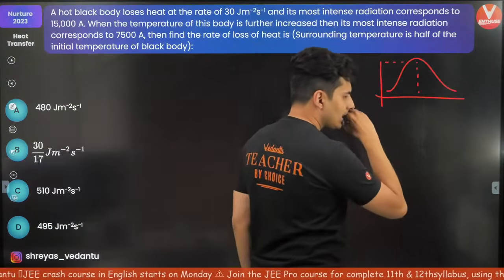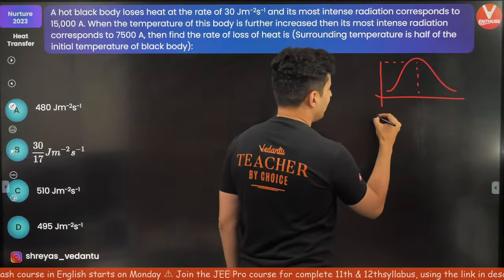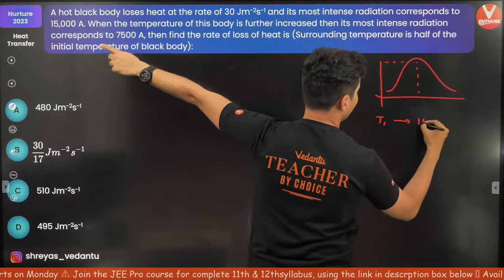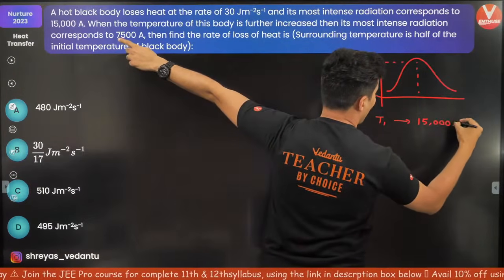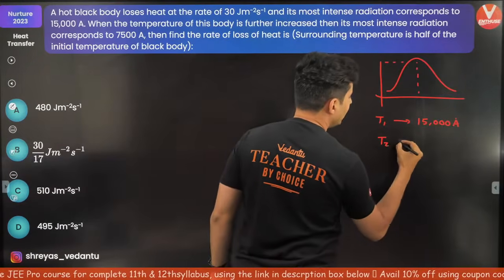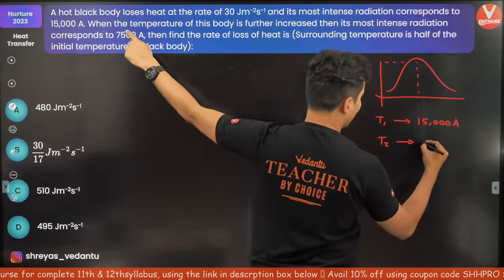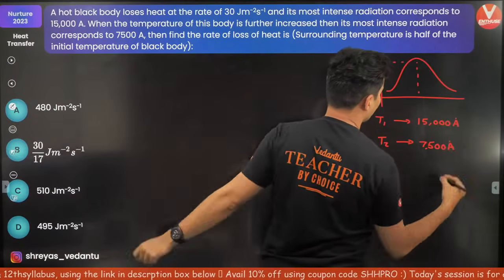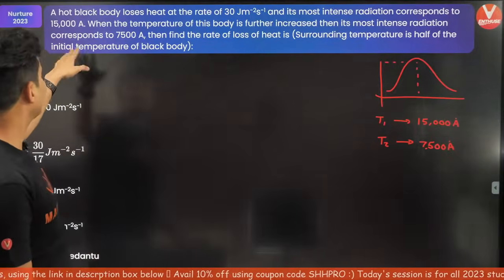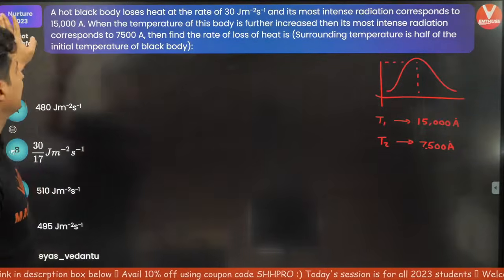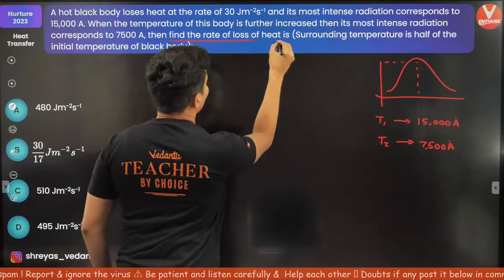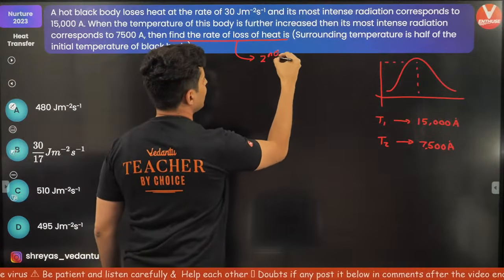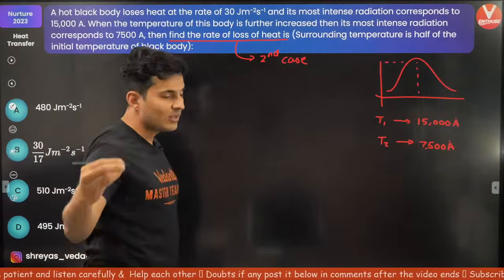Let's say that at T1 the maximum wavelength is 15,000 Angstrom, and at T2 the maximum wavelength occurs at 7,500 Angstrom. Fair enough. Is T1 given? No, nothing is given. The question is, find the rate of loss of heat. This is in the second case, when the temperature is T2.